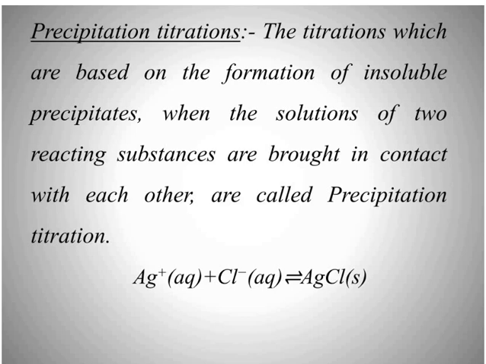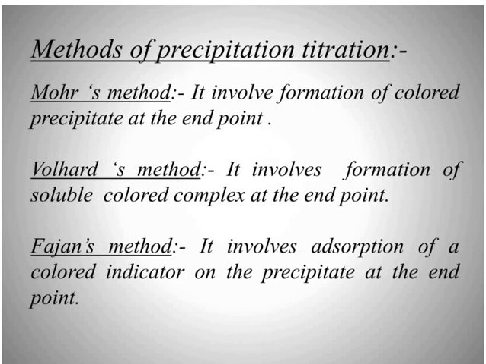Solutions of two reacting substances brought in contact with each other are called precipitation titration. You can look here, silver and Cl give AgCl, which is solid, and the ionic form is present in aqueous solution.